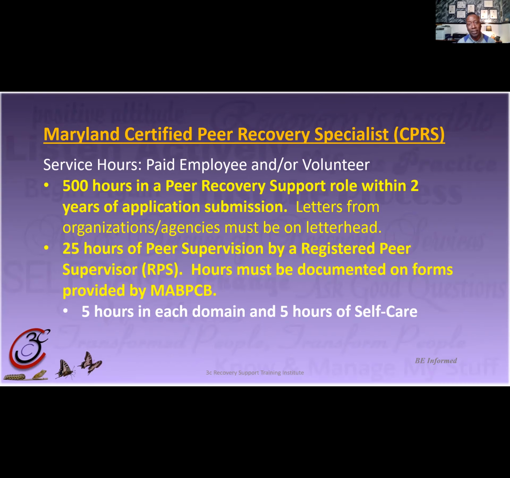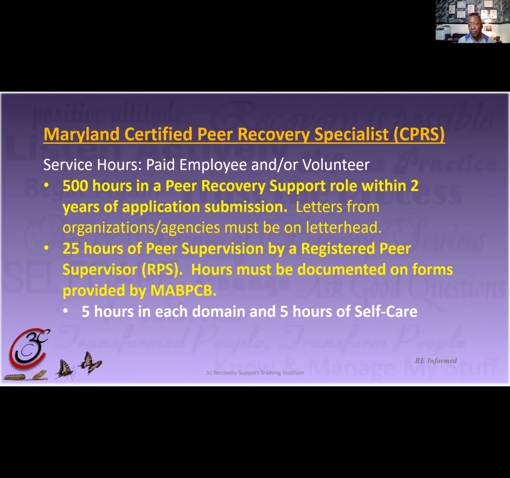That 500 hours can be from one location or from multiple locations. Some individuals might be working part-time and say, by the time it takes me to get 500 hours, that's going to take too long. So they might also volunteer a couple of hours a week in order to reach that 500.